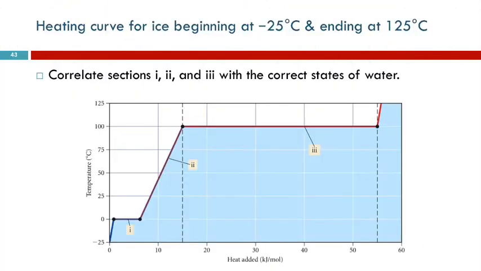Now, this one is to scale. And so we see that it takes a lot less energy to melt that particular amount of water than it does to boil it. It took a lot more energy, from 15 to about 55 kilojoules. But we don't need to be that careful or picky.